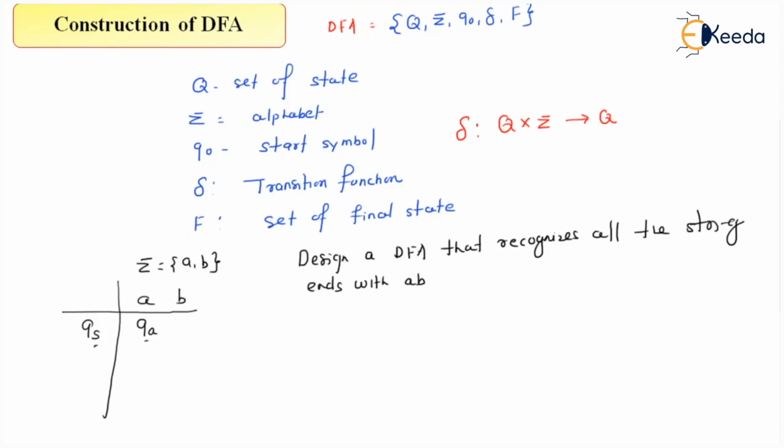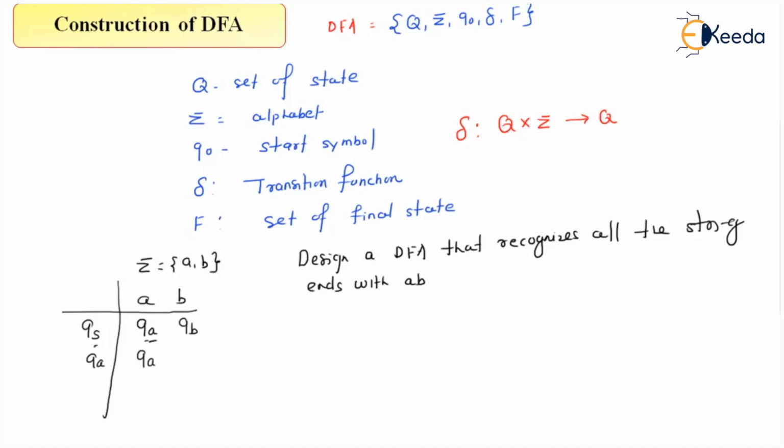Here, in case of QS, if B comes, I'll remember this thing in another state, that is QB. Now, what the QA state means is that I'm doing linear scanning, and the last term here is A. At QA, more A's are coming, so in that case also the last scanned alphabet remains A. So the state that I'm creating is remembering the last alphabet that we are using.